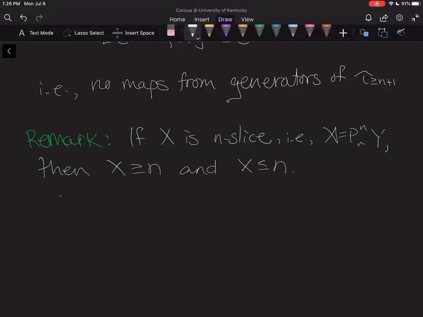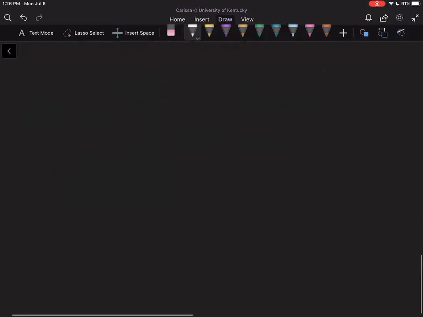These are the irreducibles that I mentioned earlier. So when we're looking for slices, or these irreducible pieces, we're looking for spectra that are equal to n.